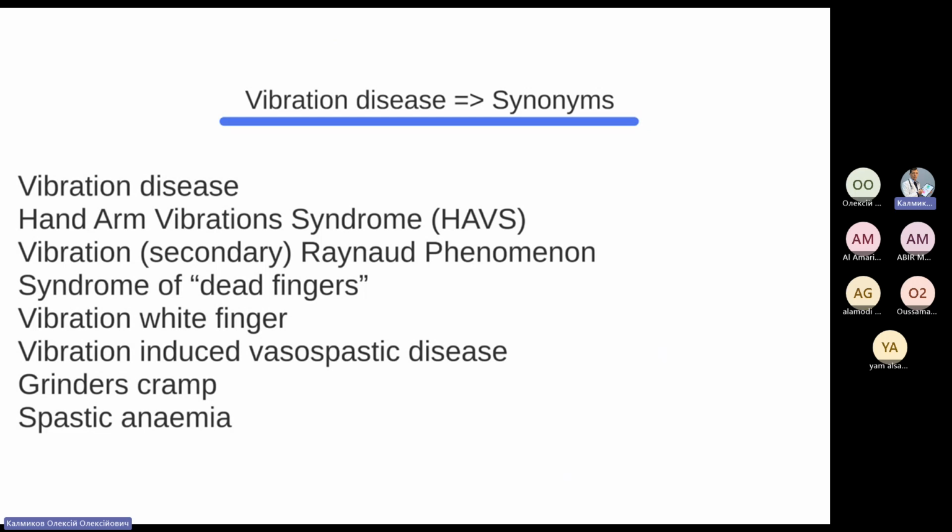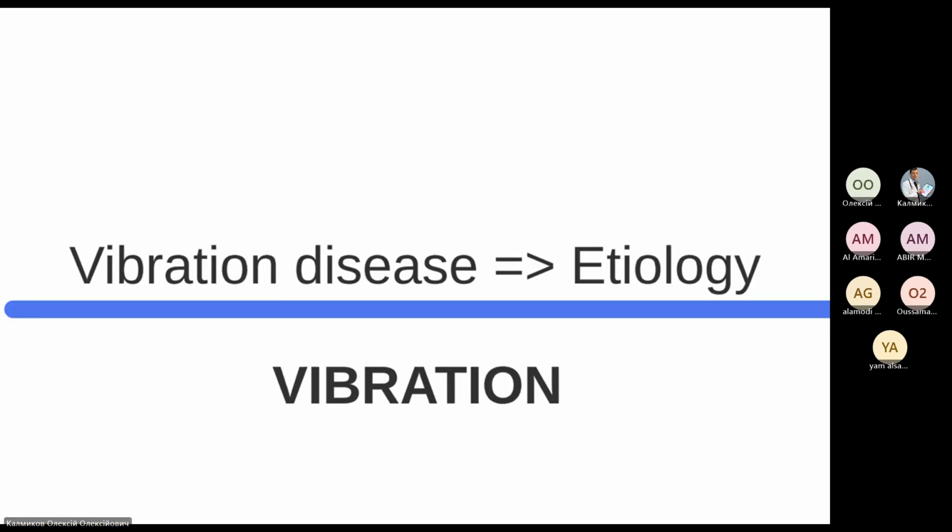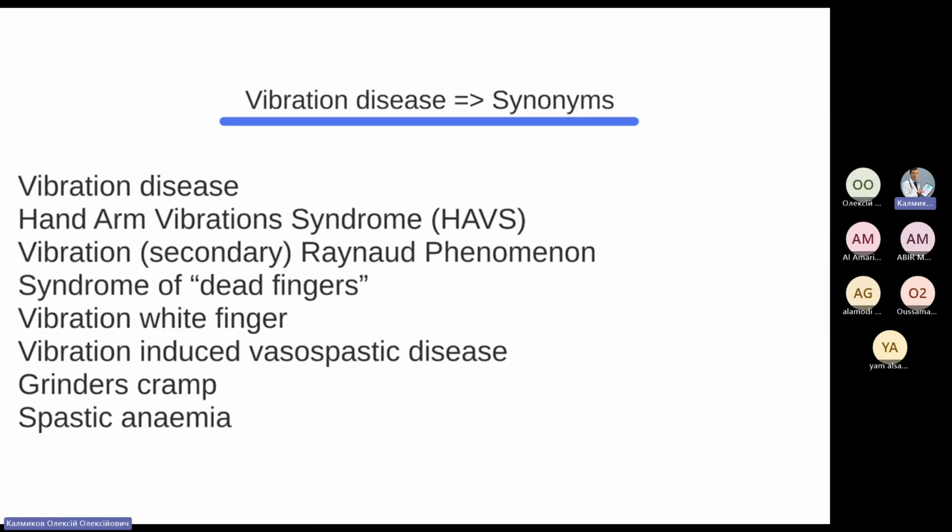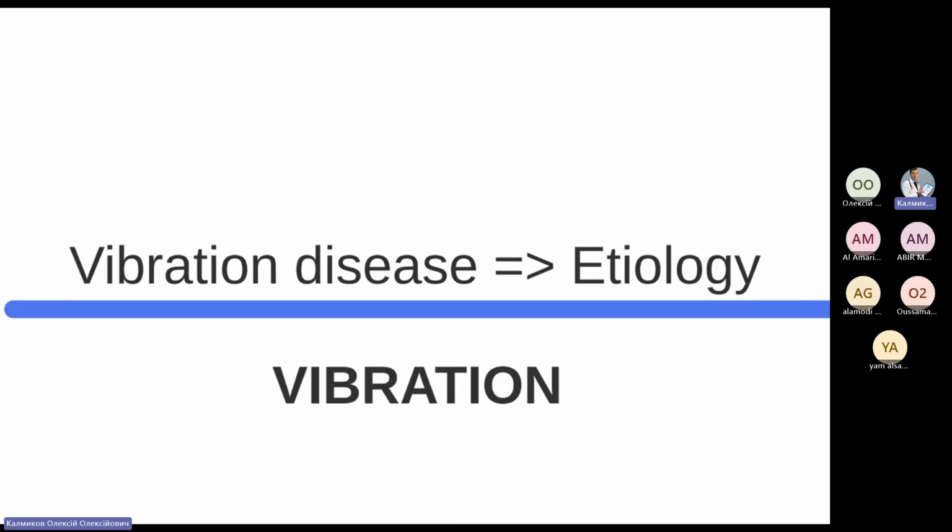Not so widely used nowadays, but you might find such terms as syndrome of so-called dead fingers, vibration white finger, vibration-induced vasospastic disease, or even more ancient descriptive names of this condition like Grinder's cramp or spastic anemia. Again, the correct term is vibration disease.